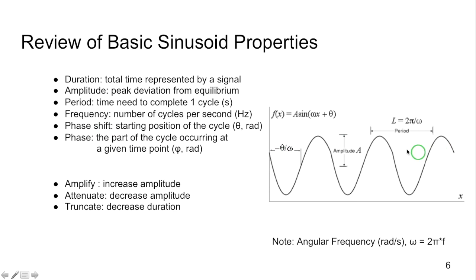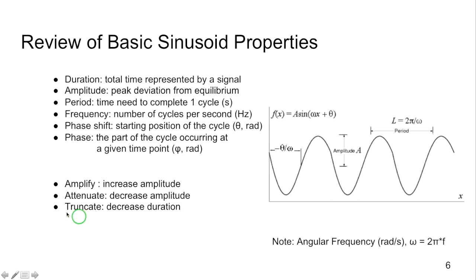I said frequency was in hertz. That's the way it's typically measured, but mathematically it's often more convenient to think of it in terms of angular frequency, which is our normalized frequency. So if you take cycles per second, your standard frequency, you multiply it by 2 pi radians per cycle, and you end up with angular frequency in radians per second, and that's denoted by lowercase omega.